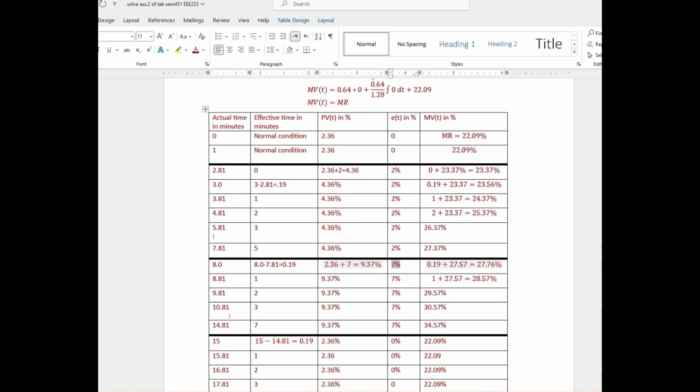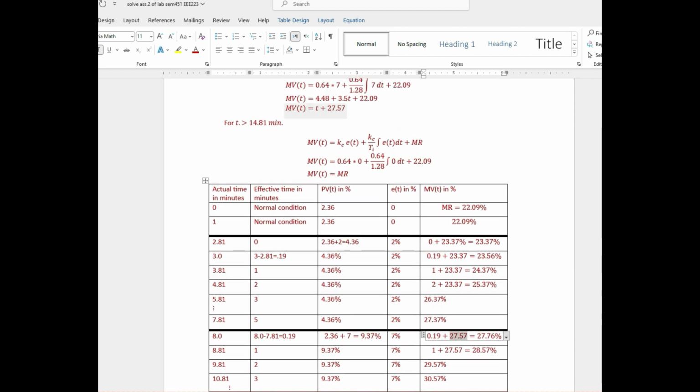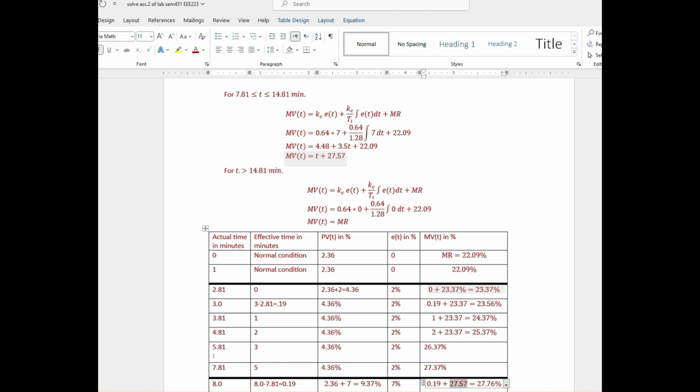So substitutions again, 4.19 gives me 27. Now here it gives me 27.57. From where? It's coming from these equations. See, 22.09 plus the contribution of the proportional part, which was 4.48 here, added to it gives me 27.57.